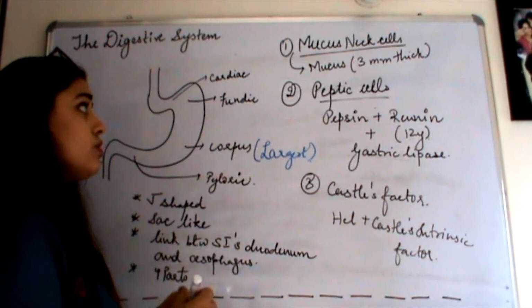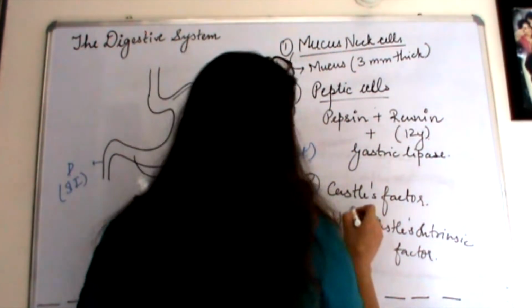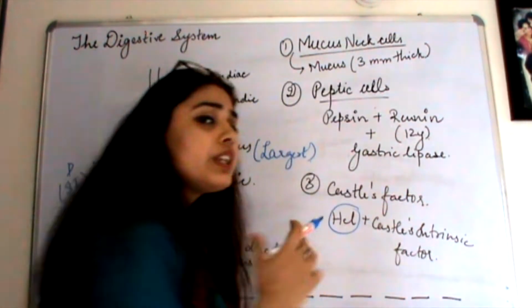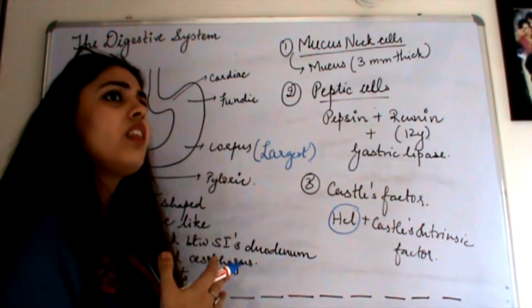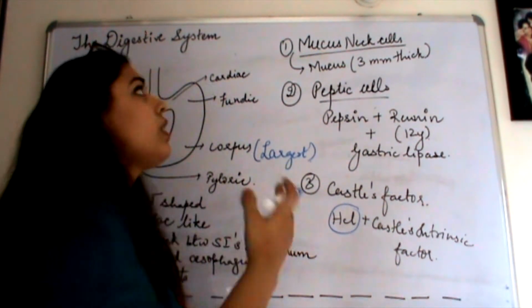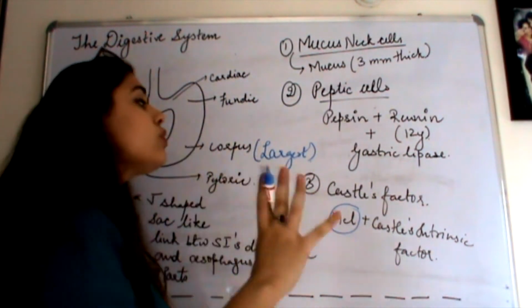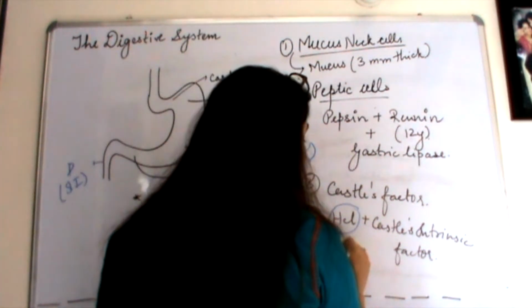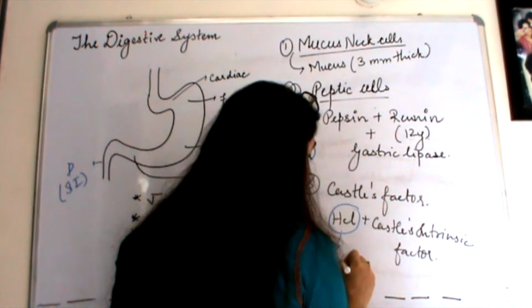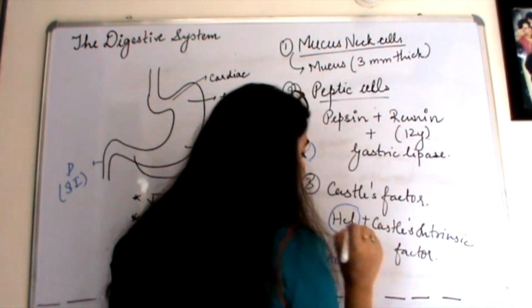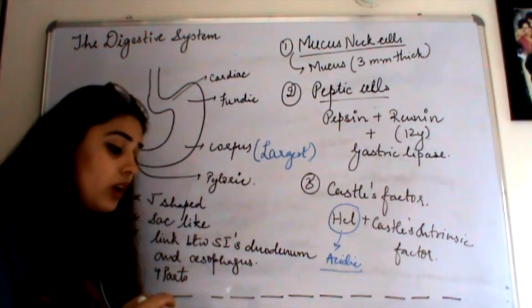Now the major function in this is the HCl. We have already studied this, from where we started the digestive system. We know what is HCl. HCl is acidic in nature. So what is HCl doing? HCl is creating an acidic environment. Why?